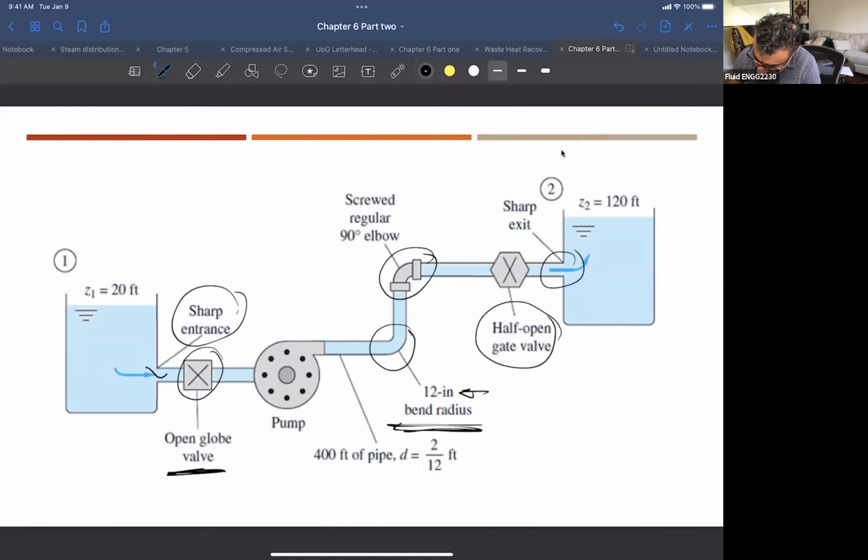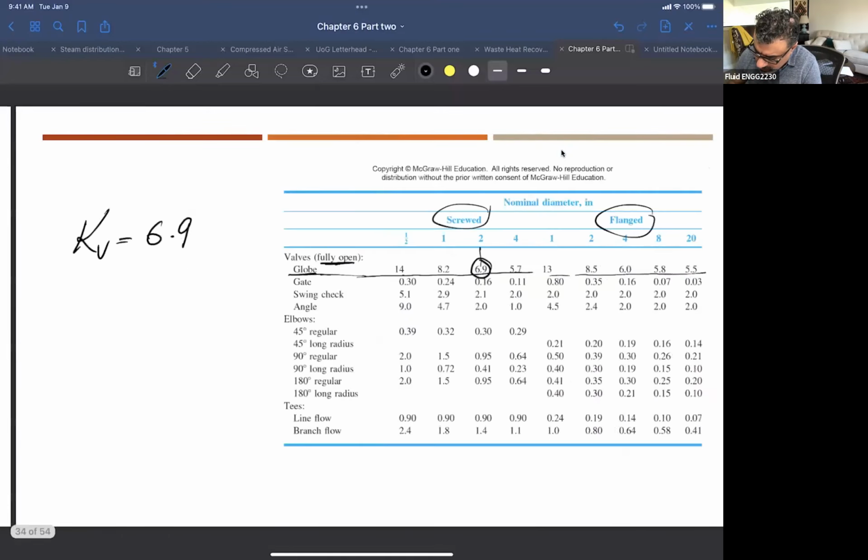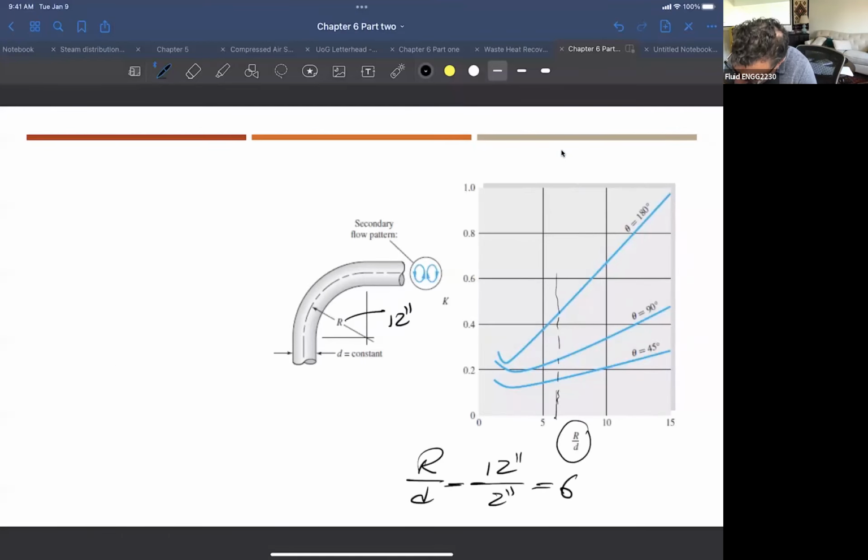You see here, this is a 90-degree elbow, and at 6 you can get your K. So K of the bend here is 0.25.